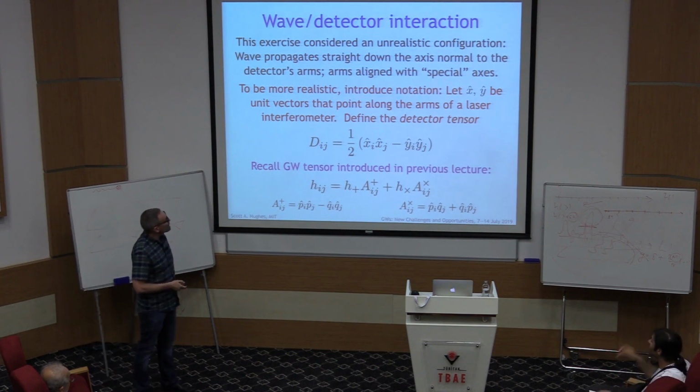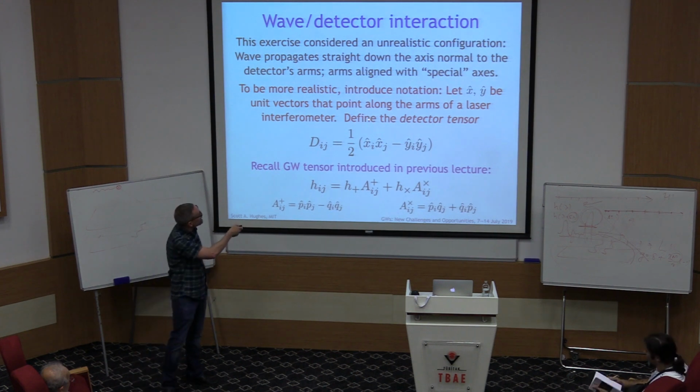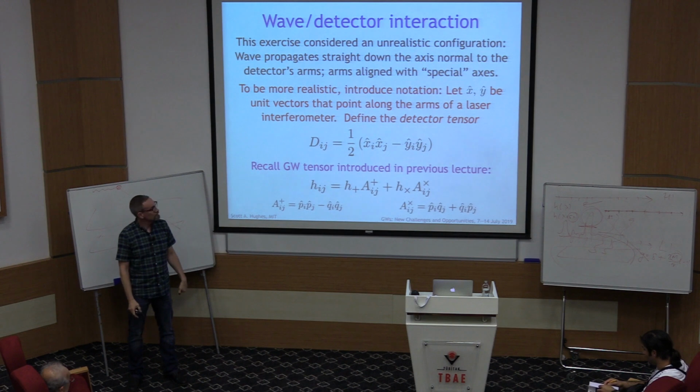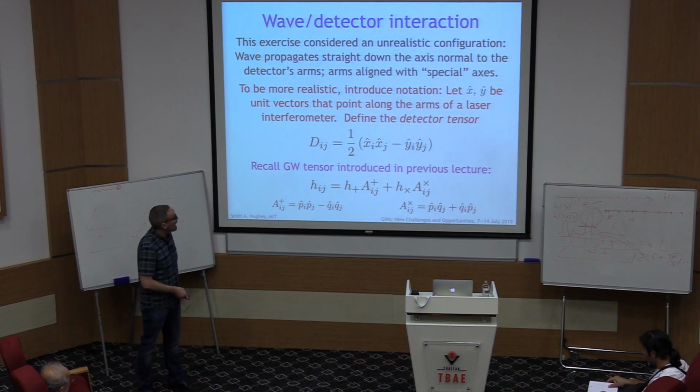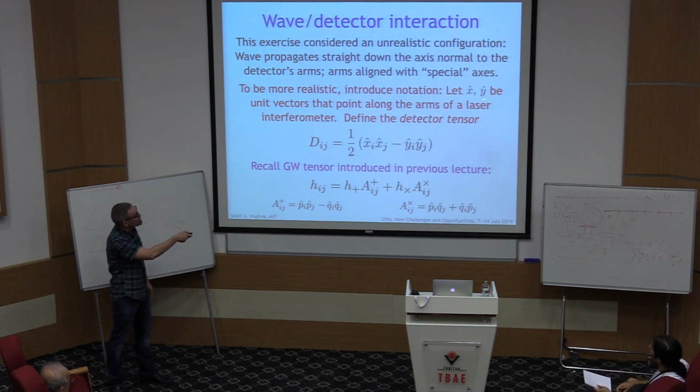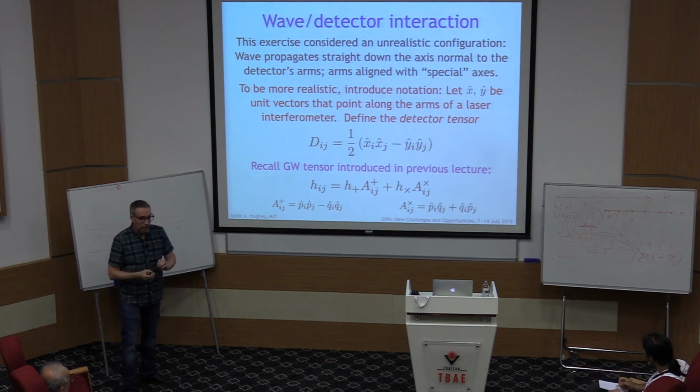So to be more realistic, what I'm going to do is define unit vectors that point along the arms of some given gravitational wave detector. Okay, so x hat and y hat are in a right-handed coordinate system with the normal to the Earth being the z direction. They define the two arms of the detector.